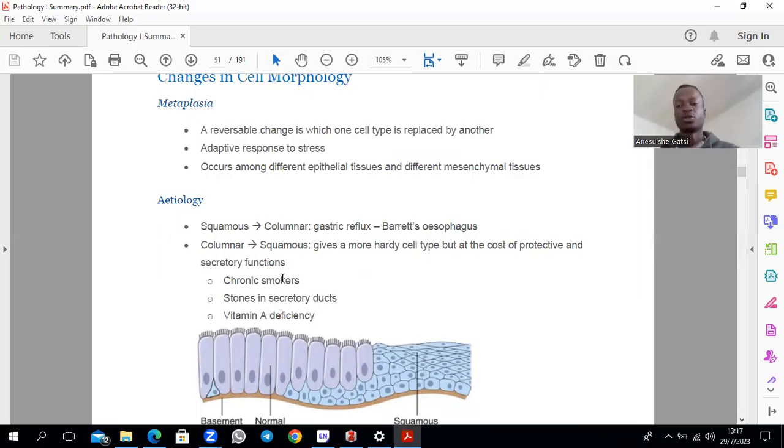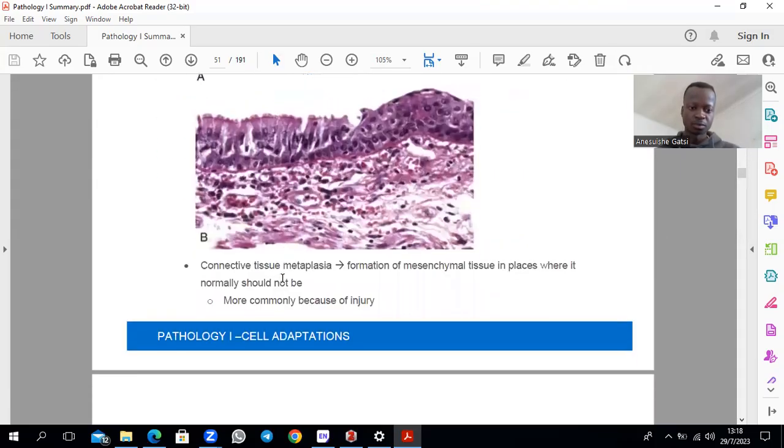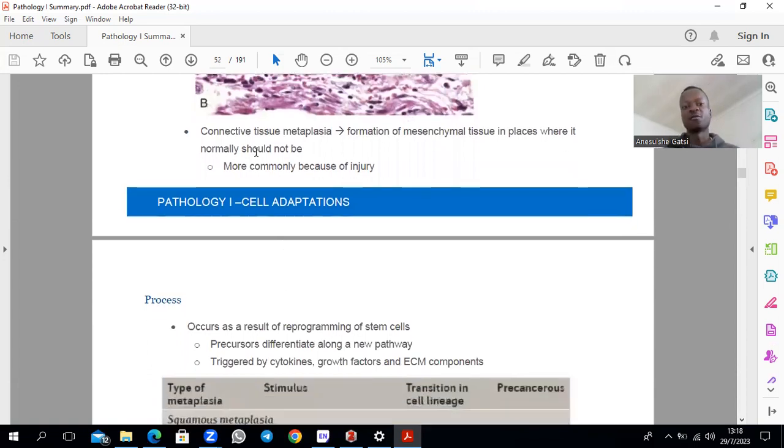Right? You can think about the smoking, which changes the pseudostratified columnar respiratory epithelium of the respiratory tract to maybe a squamous type of a cancer. Right? And you can also have connective tissue metaplasia. It's not limited to the cells.